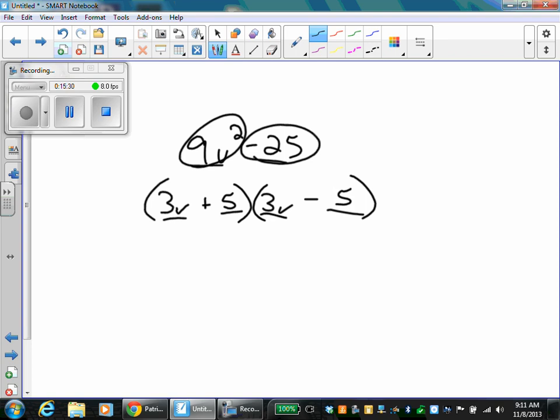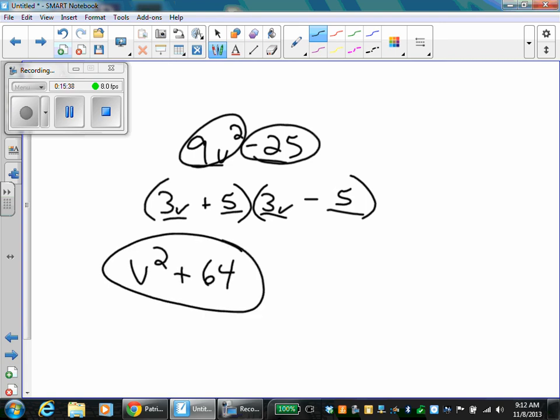Is it always a plus and a negative on a difference of 2 squares? Yeah. What if I give you this on the SOL? Will it work? This is not a difference of 2 squares. This is a sum of 2 squares. And remember, we worked this out.